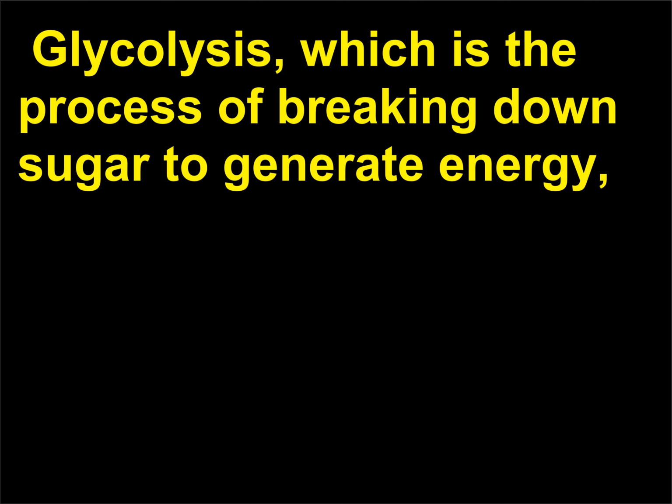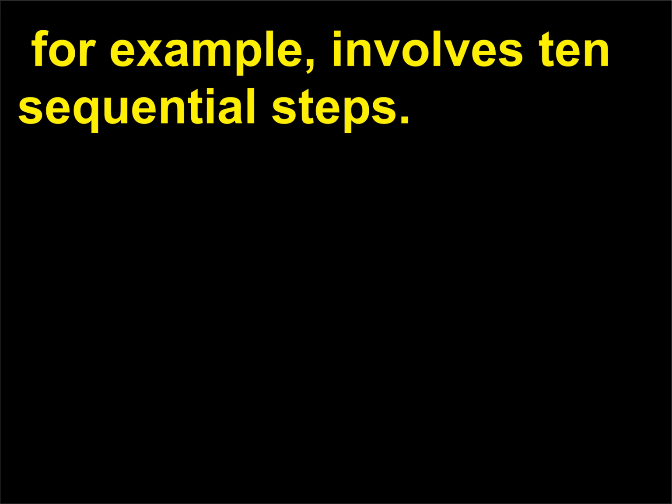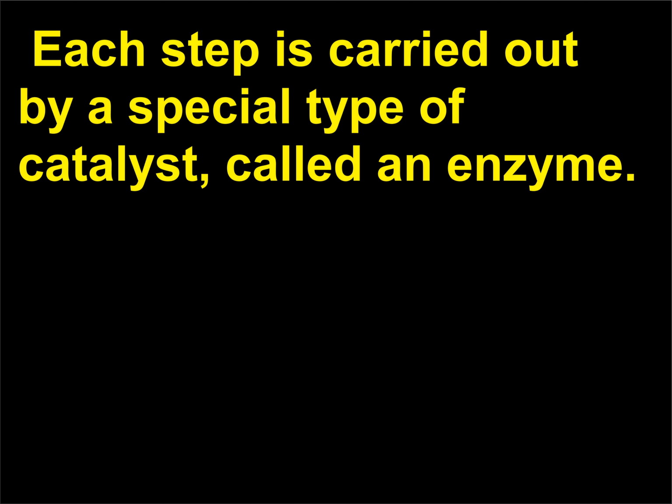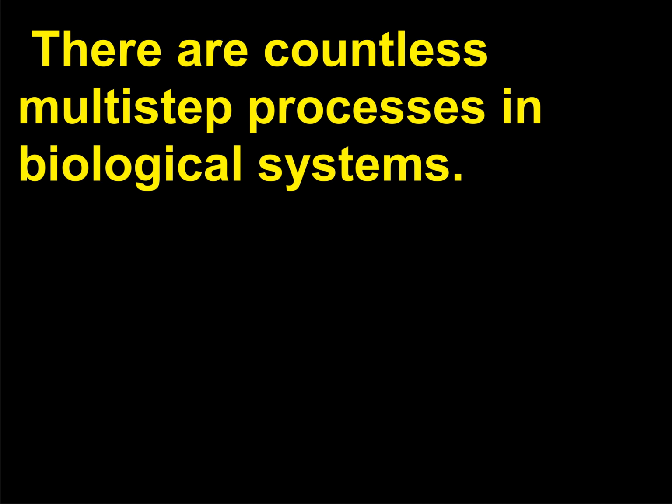Glycolysis, which is the process of breaking down sugar to generate energy, for example, involves 10 sequential steps. Each step is carried out by a special type of catalyst called an enzyme. There are countless multi-step processes in biological systems.